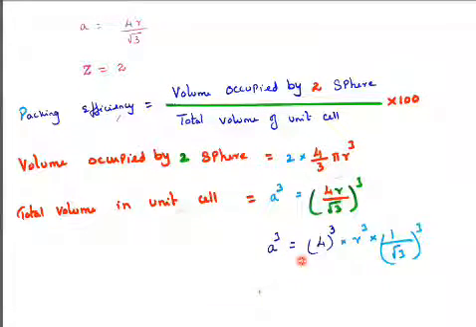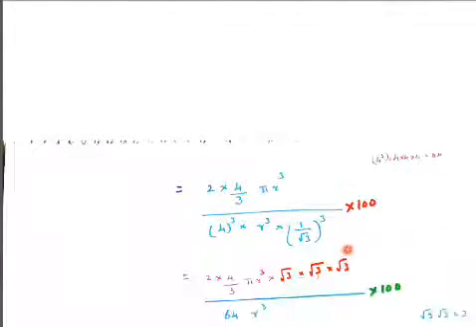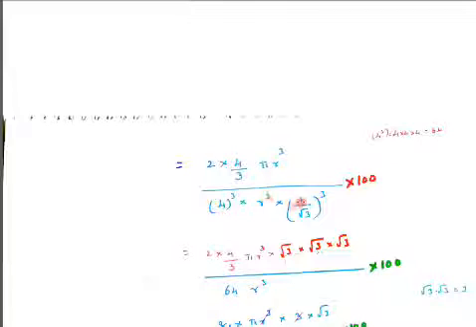So a cubed equals 4 the whole cube into r cubed into 1 by root 3, the whole cube. Expanding, I have written 4 cubed, 4 into 4 into 4, 64. So 2 into 4 by 3 pi r cubed divided by 4 cubed into r cubed into 1 by root 3 the whole cube.